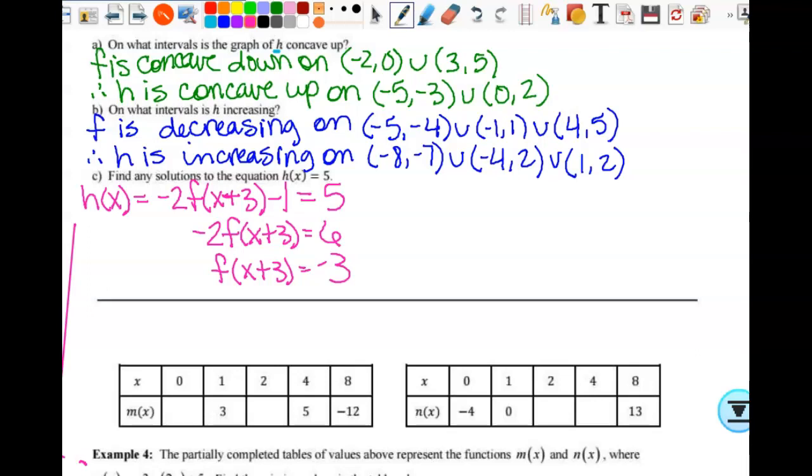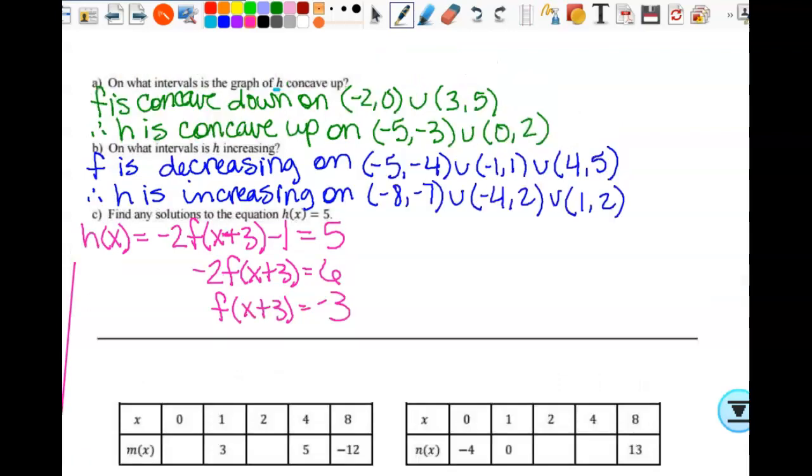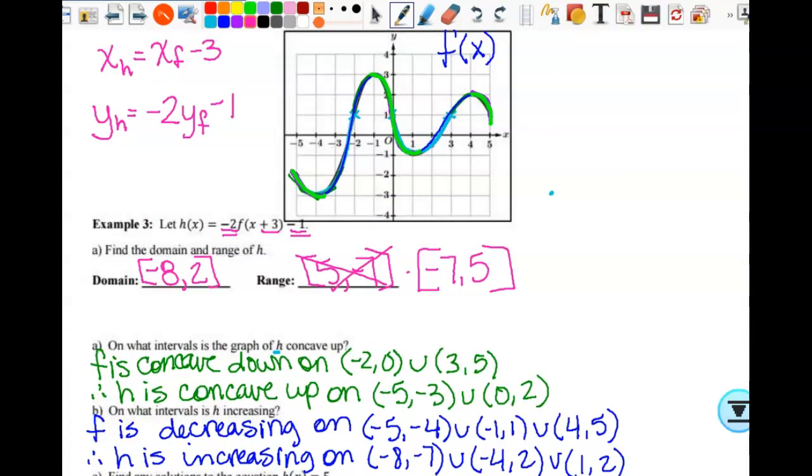All right, so f of x plus 3 equals negative 3. Let's go to negative 3 here. Right? How many times is that going to equal 30 something?